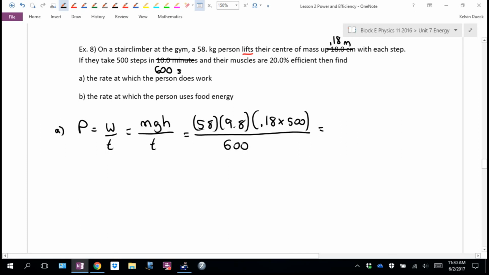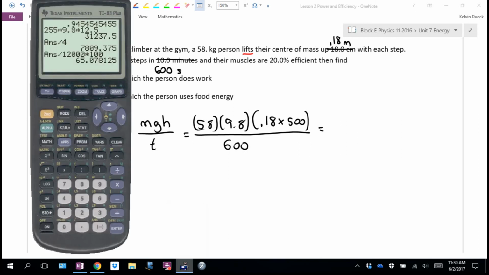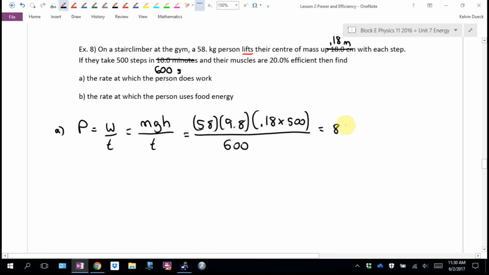Okay. How many watts of power is this person generating? 85.3? Is that right? Before we move on, power is measured in watts.